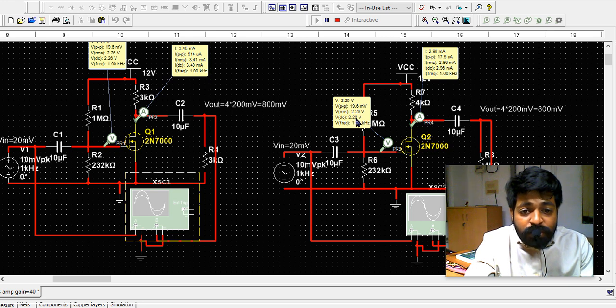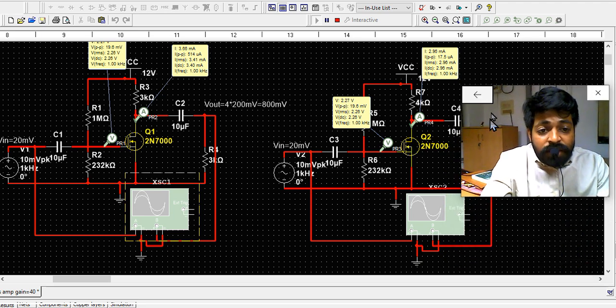We calculated the current which is needed for it to operate in the saturation region, around 3.4 milliamps is required. But this biasing circuit is only giving 2.9 milliamps. It expects 3.4 but is giving only around 3. So the transistor will be going away from the saturation region.